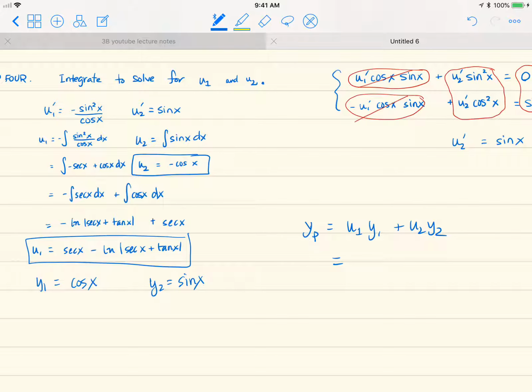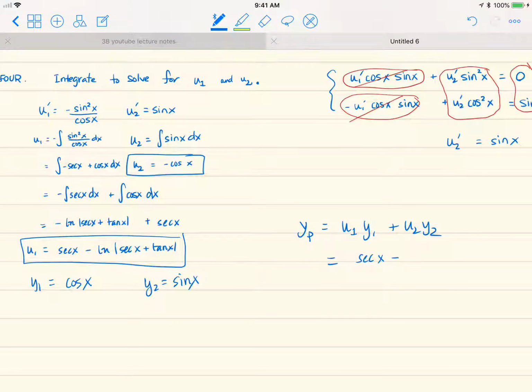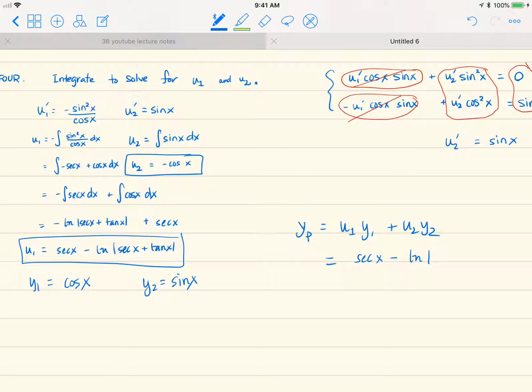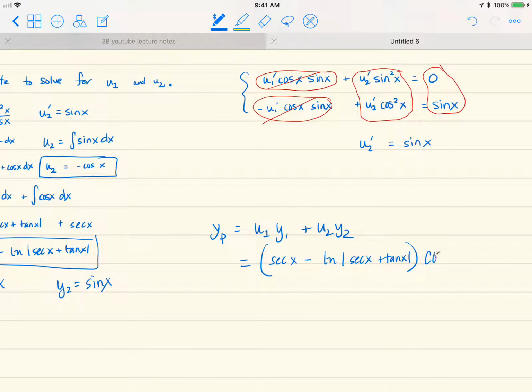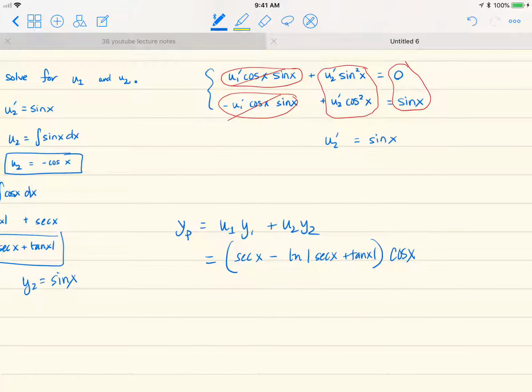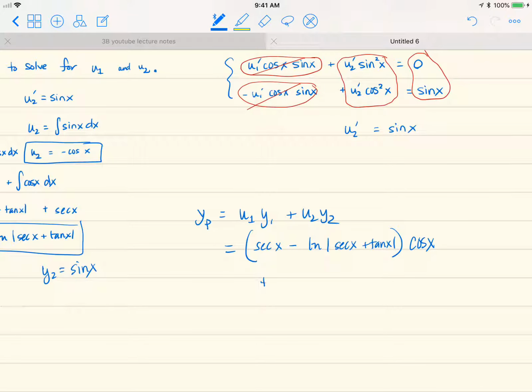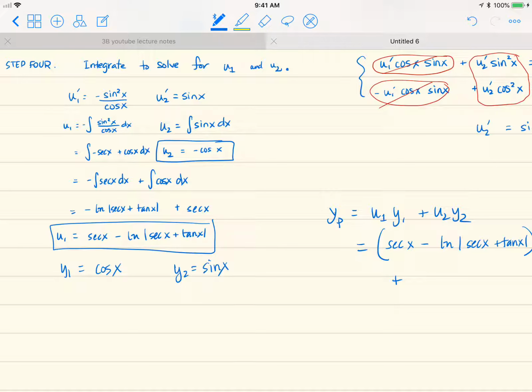So u1 y1 is going to be secant x minus the natural log of secant x plus tan x, times cosine x, plus u2 y2. u2 is sine x and y2 is negative cosine x. So let's actually write minus sine x cosine x.